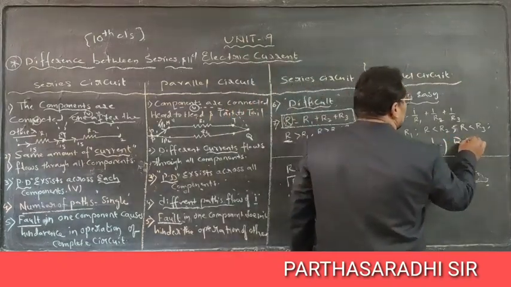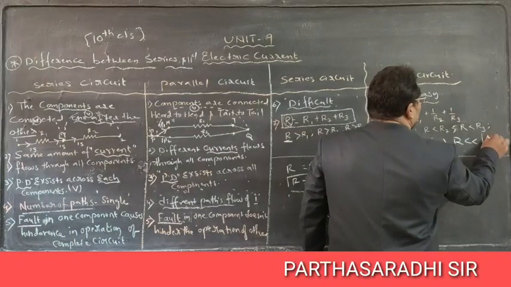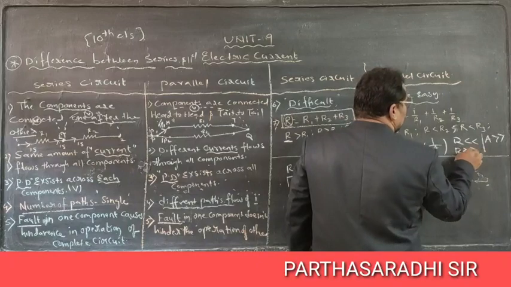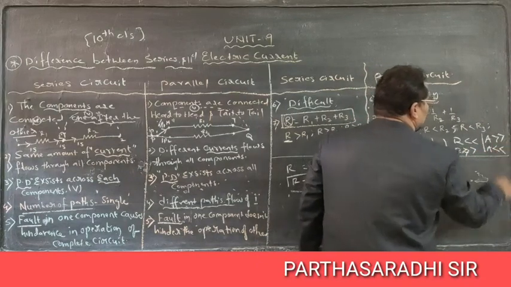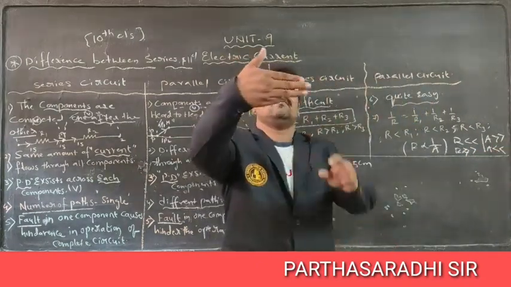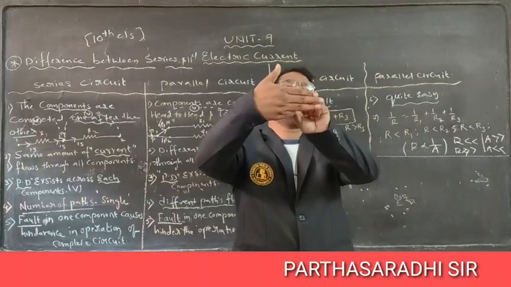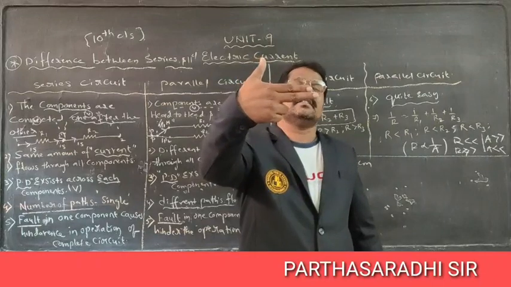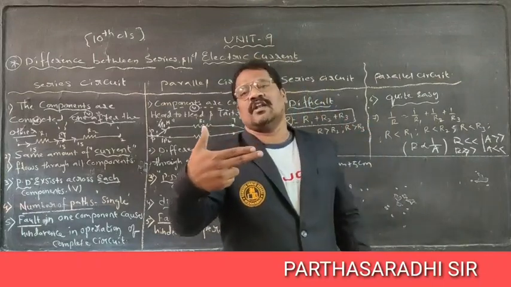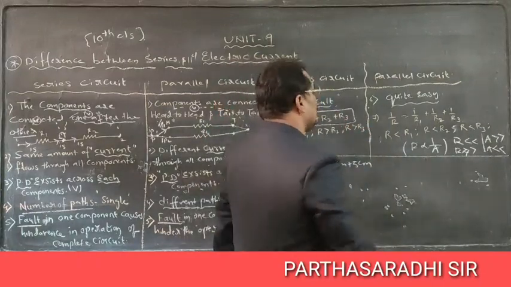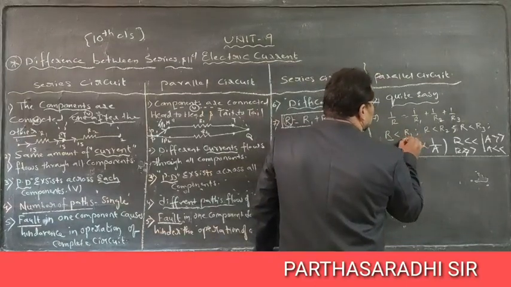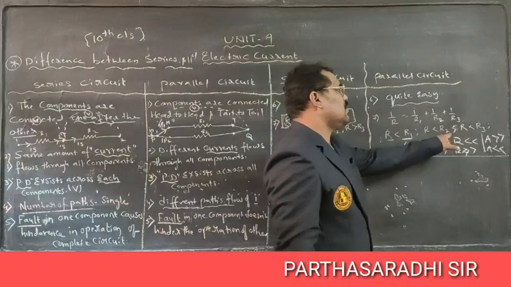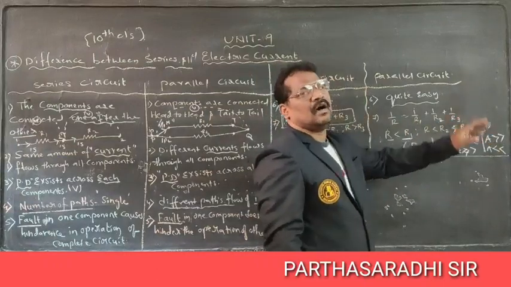If resistance is greater, area of cross section will be lesser. If resistance is lesser, area of cross section will be greater. So as area of cross section increases, resistance gradually decreases. If area of cross section decreases, resistance gradually increases, such that R will offer less resistance than that of R1, R2, and R3.